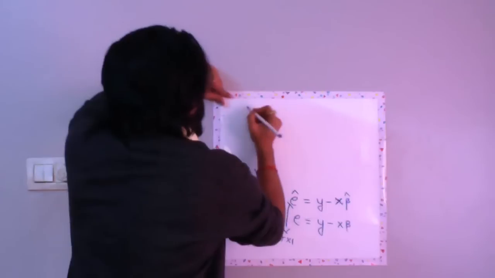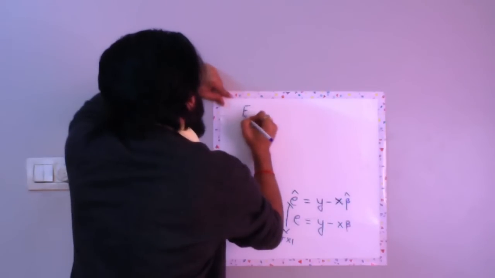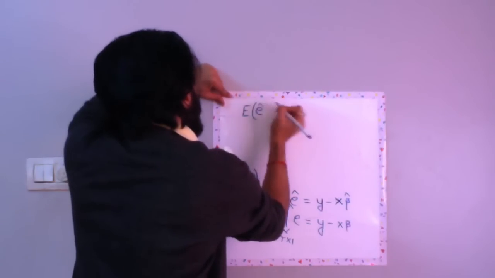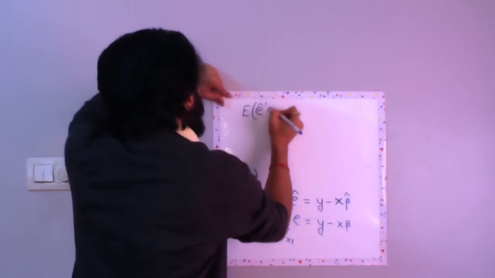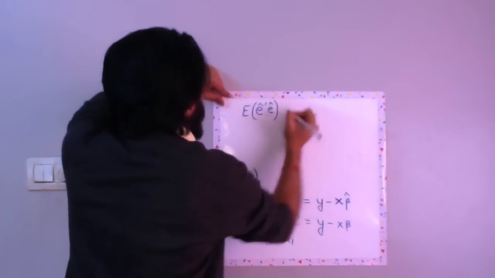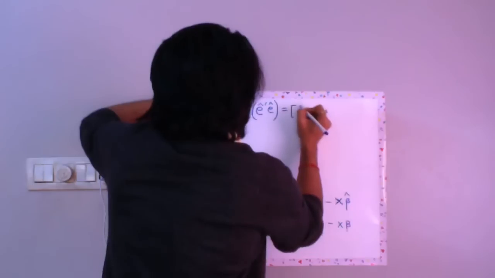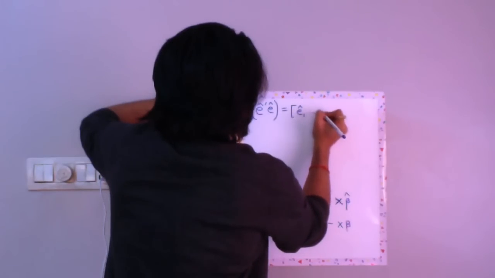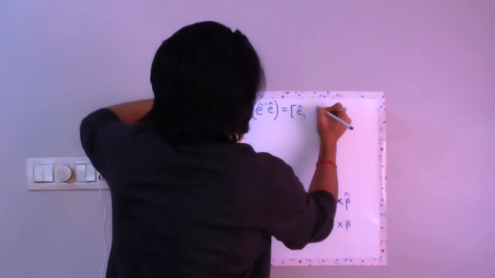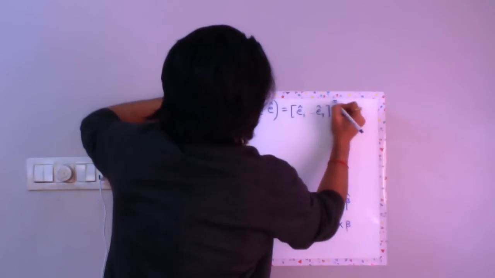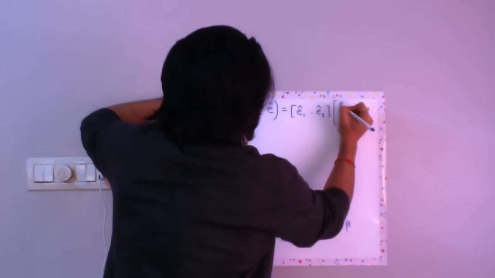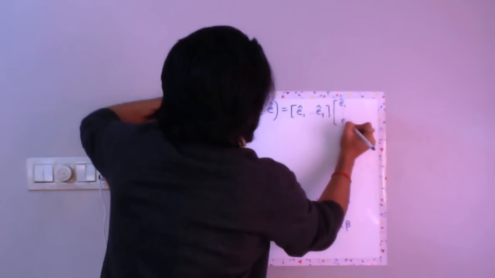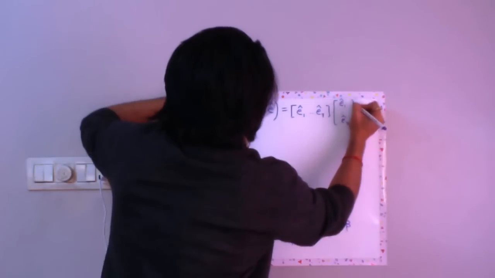If I want to calculate the expectation of e hat transpose into e hat, it will essentially be e hat 1 dot dot dot e hat t into e hat 1 dot dot dot e hat t.